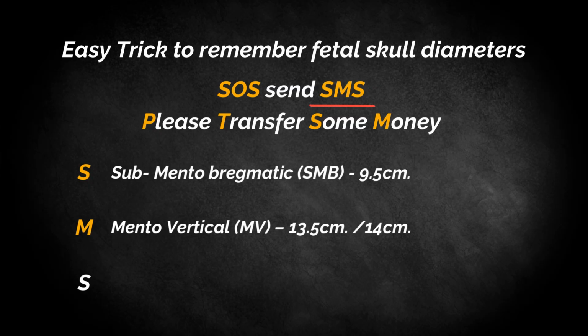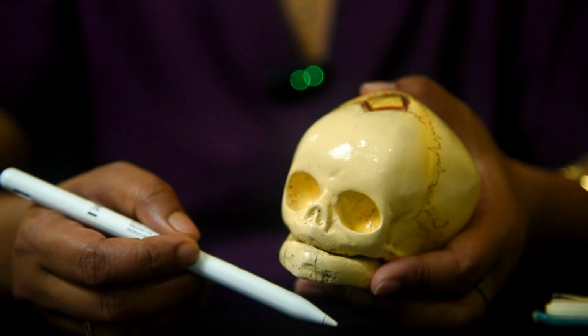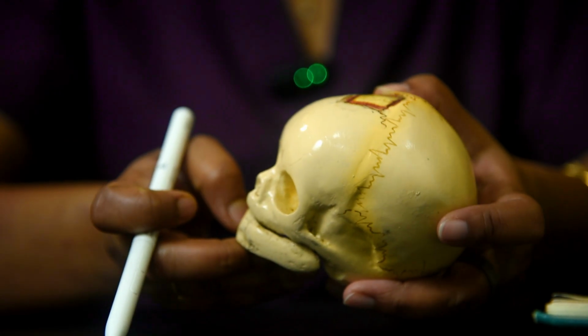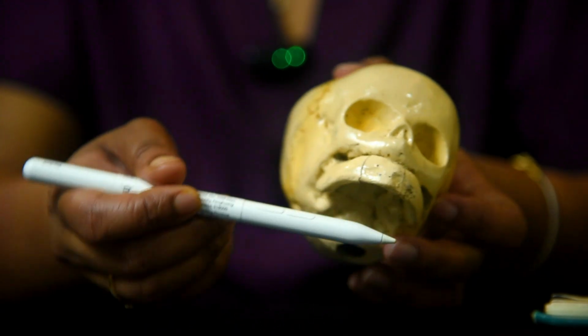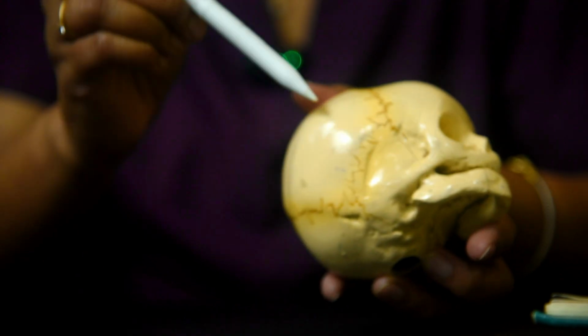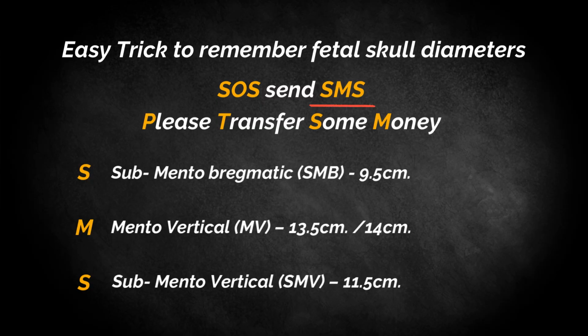Now come to the third, that is S, submentovertical, from the point where the chin joins the neck to the highest point of the vertex. So this diameter, which is 11.5 centimeter, is known as the submentovertical. So this stands for SMS. So this is the diameter from anterior to posterior. So these are the 3 diameters.